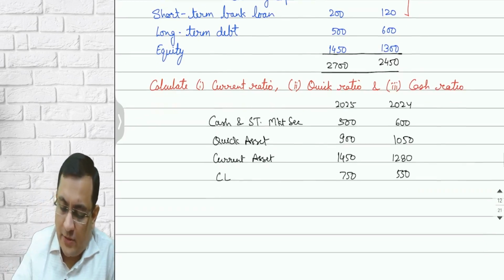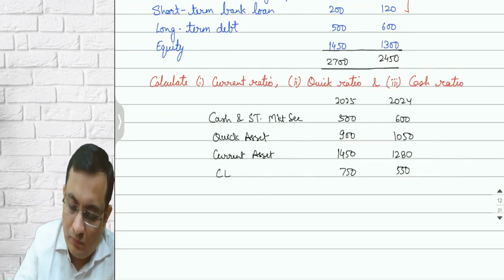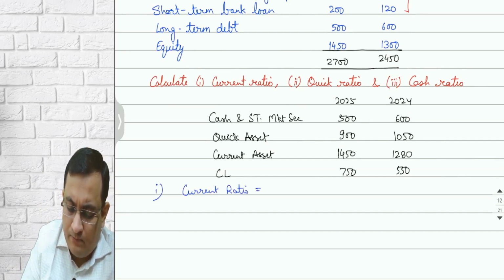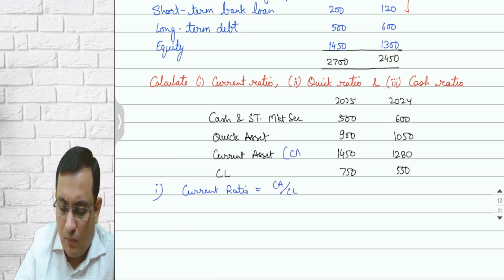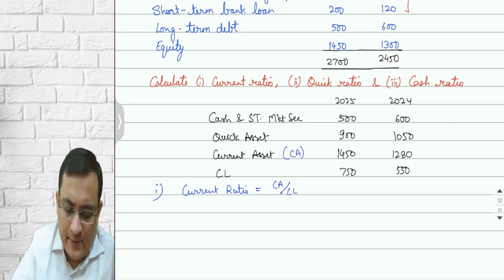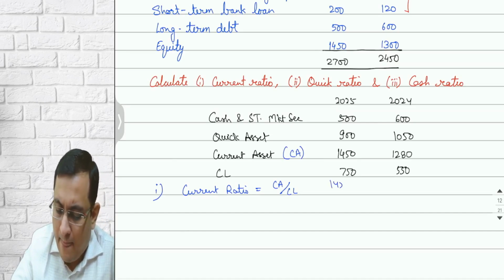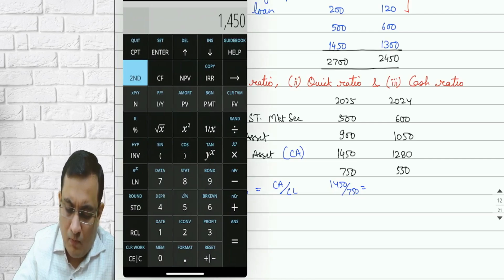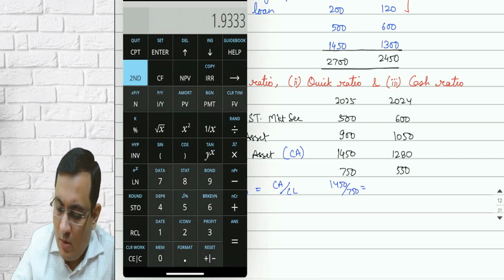Let's calculate first the current ratio, which is current assets upon current liabilities. This is 1450 divided by 750. We have 1.933.